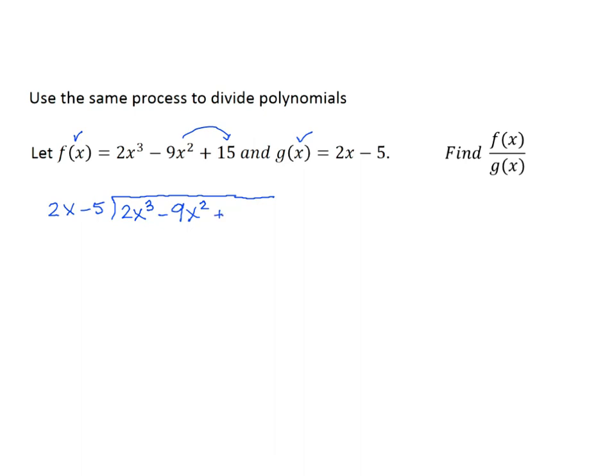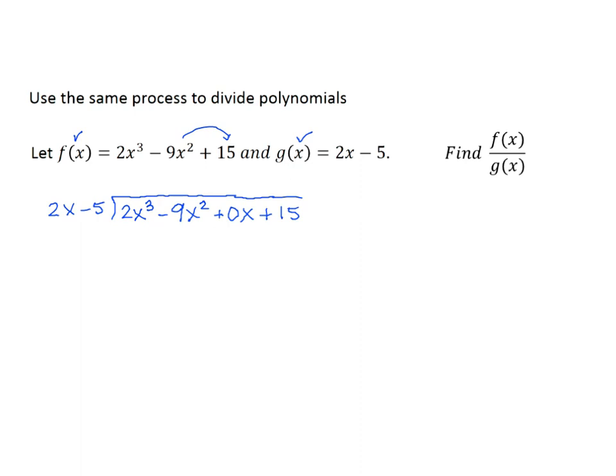So I'm going to put in a 0x, and then 15. So in other words, if you start with an x cubed, then you have to have an x cubed, x squared, x to the first, and a constant term. All of the places have to have a spot. And so if you don't have a term for a certain place, then you have to put a 0 placeholder in.